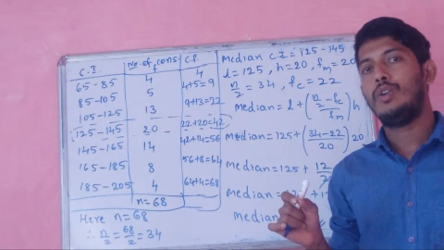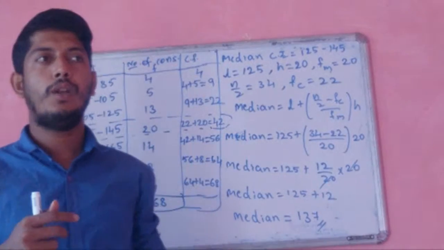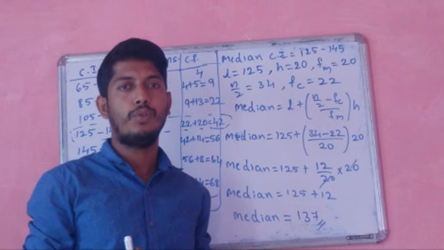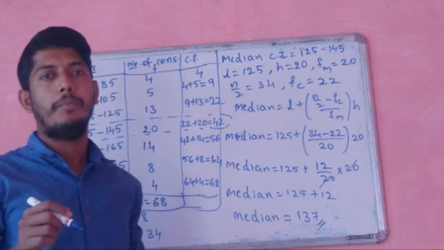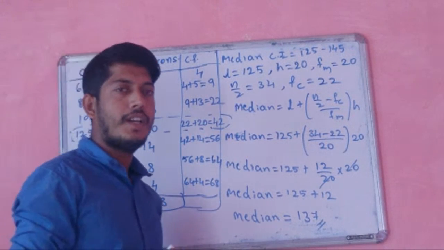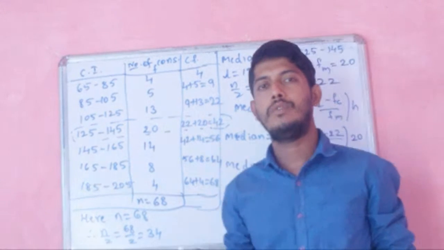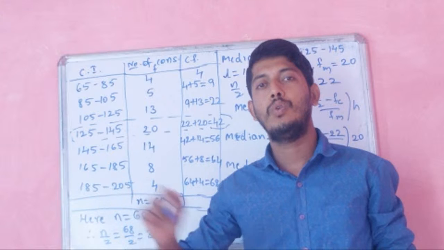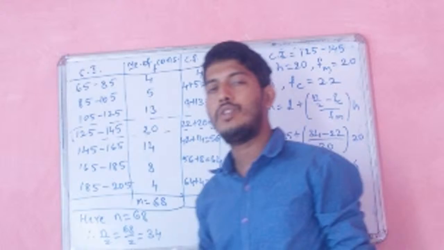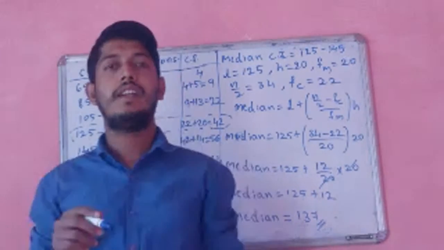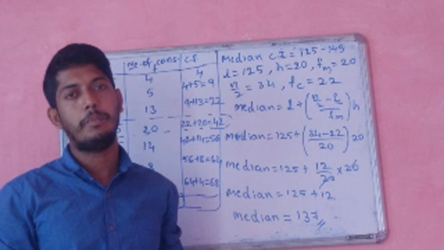Based on n by 2 we find the median class interval, that is the value which is greater than and nearest to n by 2. Then we find the lower limit L of the median class interval, and the width h, using upper limit minus lower limit of the median class interval. Then we find FM, the frequency of the median class interval, and FC, the cumulative frequency of the class interval preceding the median class interval.